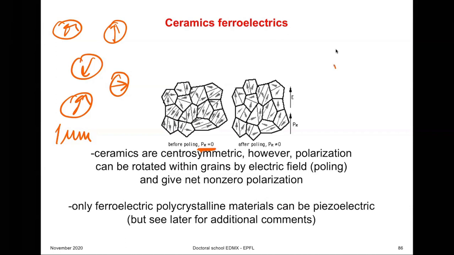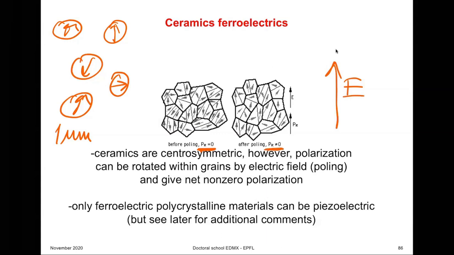However, if I apply an electric field on such a ceramic, keep it there for a while and then remove it, under the field, most of these domains will orient as far as symmetry allows them, under certain crystallographically allowed directions. So we will get net polarization.